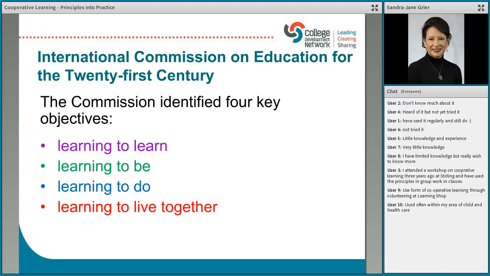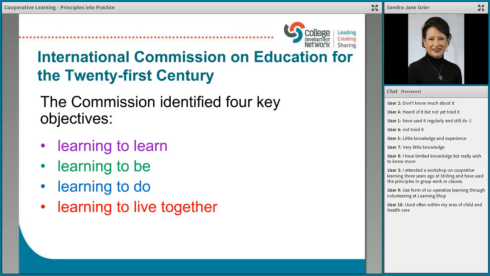Okay, so in terms of a little bit of a background about why cooperative learning and why now, what led to this interest in this subject? Well, the International Commission report, Learning: The Treasure Within, although it was produced for UNESCO several years ago in 1996, the findings still resonate and impact on education today and also on education for the future.